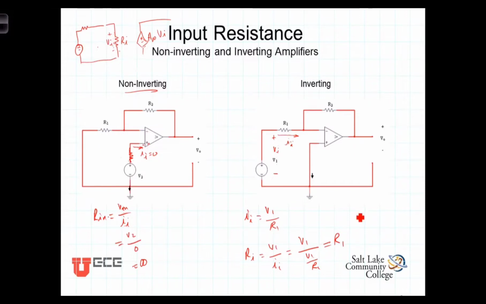The closed-loop gain of this amplifier is equal to negative R2 over R1 times V1. So if we want to get any gain at all out of this, R2 has got to be bigger than R1. If R1 is 1 megaohm and we want a gain of 5, R2 is going to have to be 5 megaohms. That represents a couple of problems.